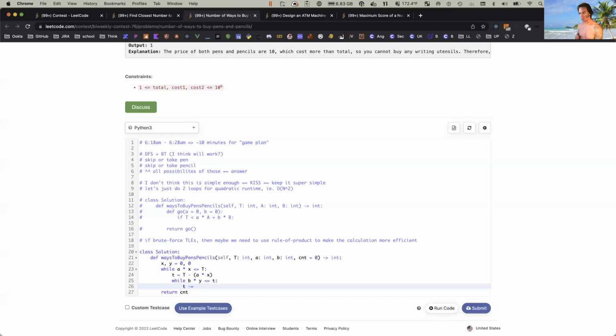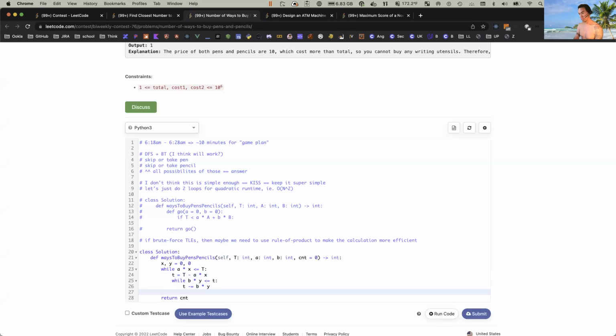T minus equals B times Y. Count plus equals 1.